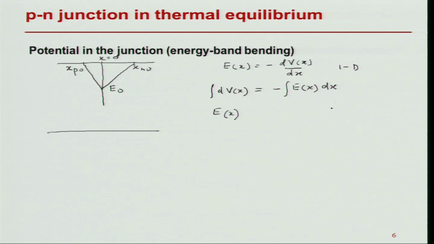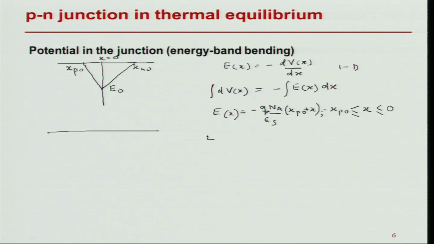So, let us first define that function, and this function is basically defined in two regions. The first region is going to be for x greater than or equal to x p o and less than or equal to 0. In this region, the value of E is going to be defined by the equation for this line, which is nothing but the maximum value plus x.